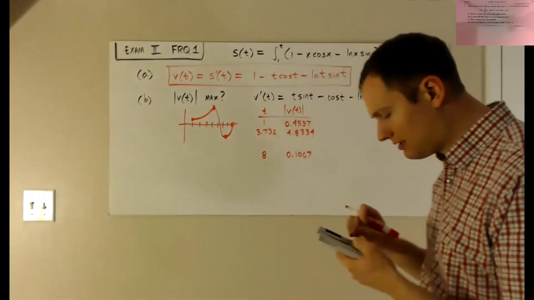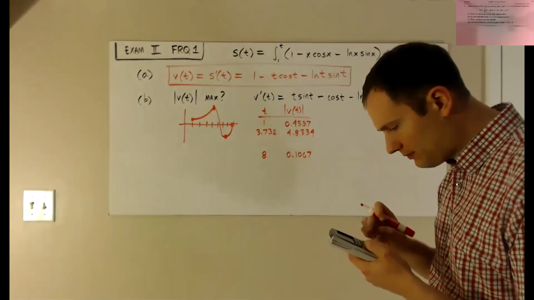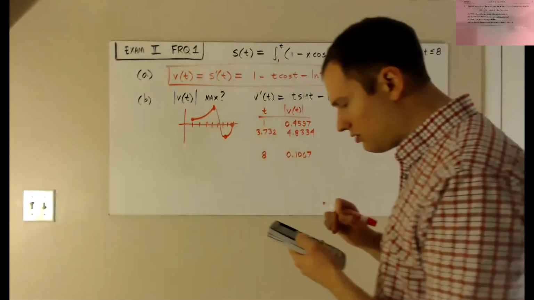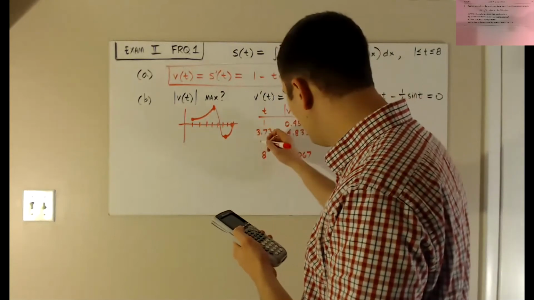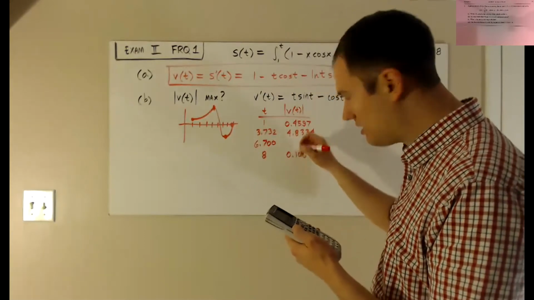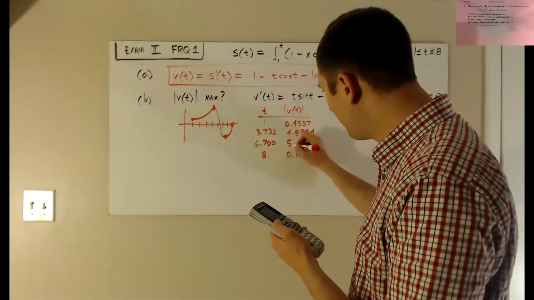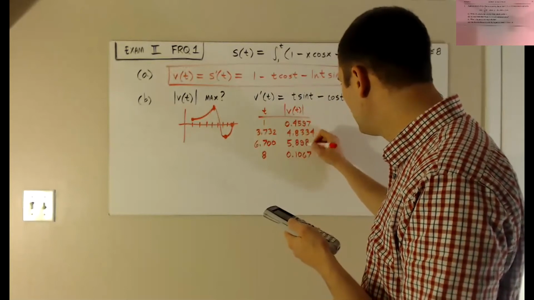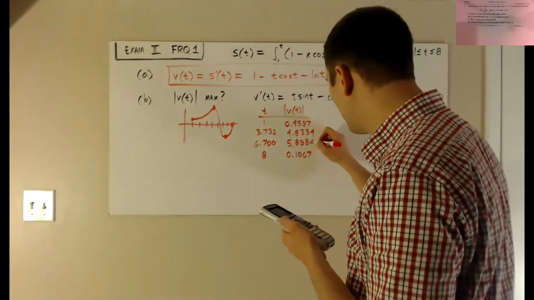I'm giving you a few more decimal places just for fun. And then the minimum looks like it's somewhere between 6 and 7-ish, so 6.700 approximately. Or sorry, if we're doing the absolute value, all these are 5.8, so we were right. I think that's 98.4, whatever, if you want some more decimal places.